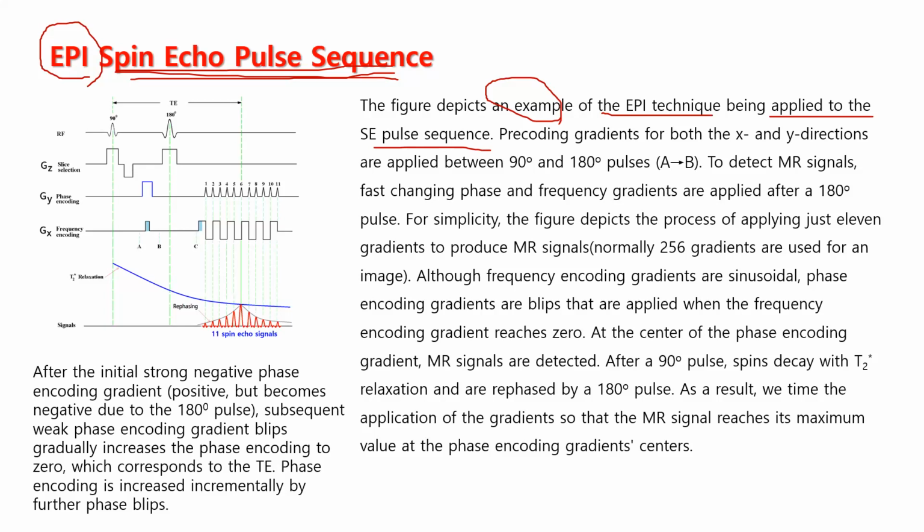Prephasing gradients for both X and Y directions are applied between the 90 degree and 180 degree pulse, A to B. So this is the X direction and Y direction.